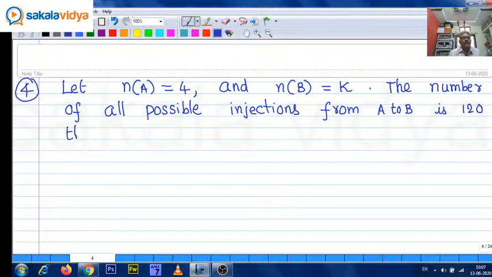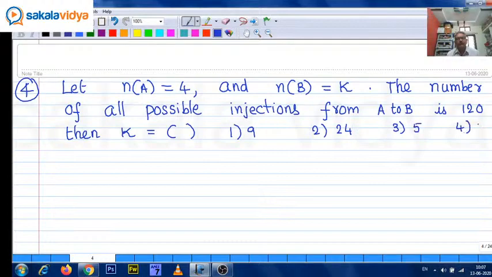Then k equals: first option 9, second option 24, third option 5, fourth option 6.